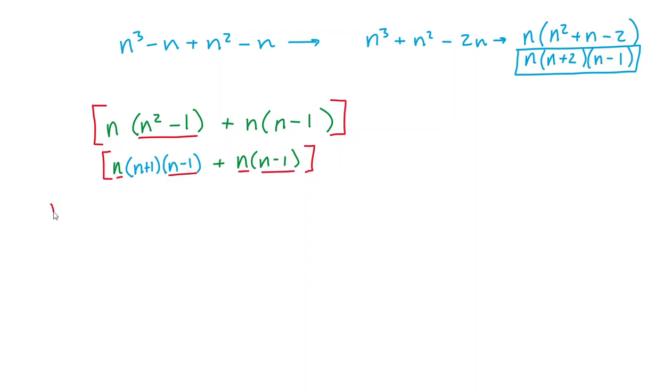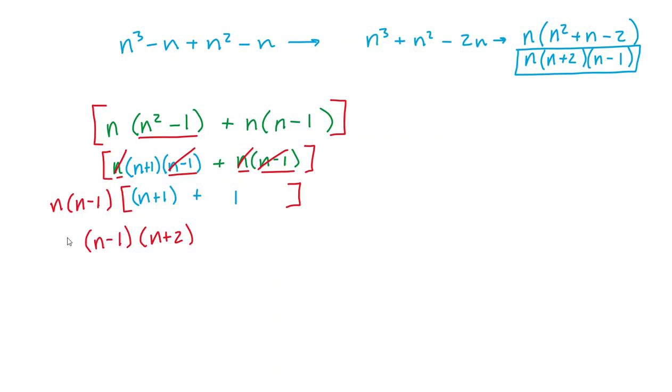So if I take that out, n times n minus 1, what am I left with inside the brackets? I took out the n and the n minus 1, the n and the n minus 1. So I'm left with the n plus 1 there, plus, well, I took out everything here, so if I divide out everything, I'm left with just plus 1. Well, what is n plus 1 plus 1? Well, n plus 1 plus 1 is n plus 2.